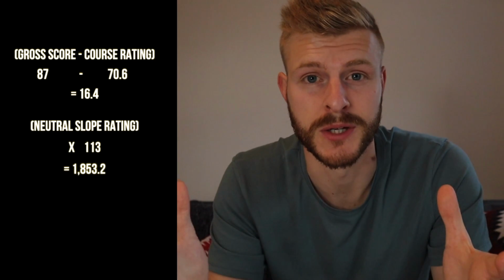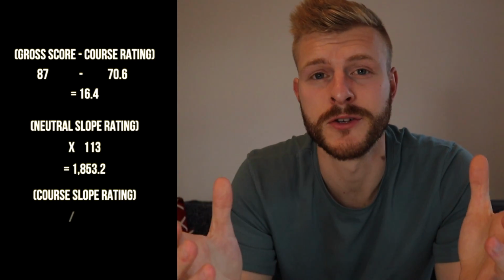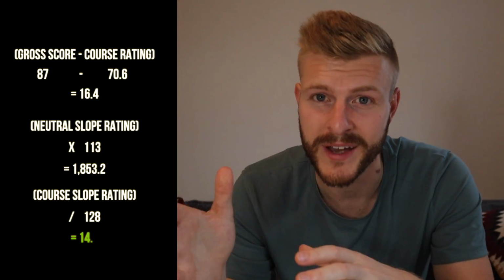Again, never changes, that number is a constant. And that gives you 1853.2. Then that number is divided by the slope rating of the course on that day. The slope rating for Woodbury Park, there or thereabouts, is 128. So if you divide 1853.2 by 128, you get 14.5.